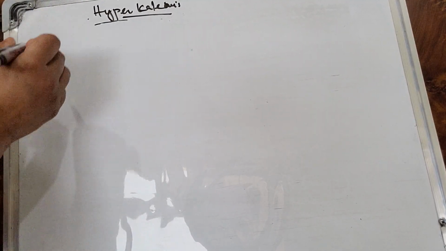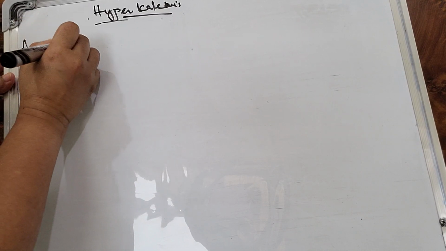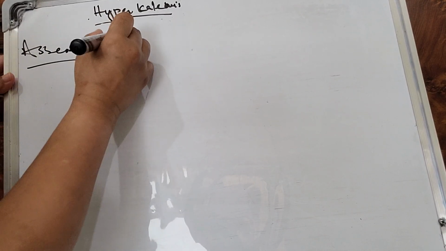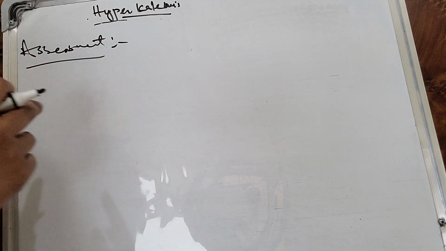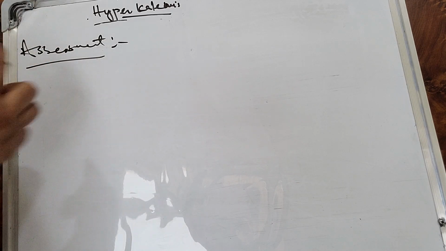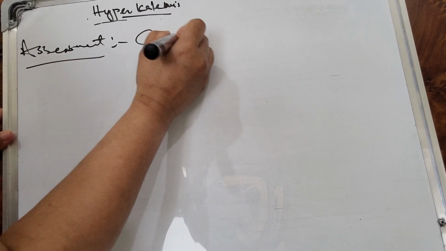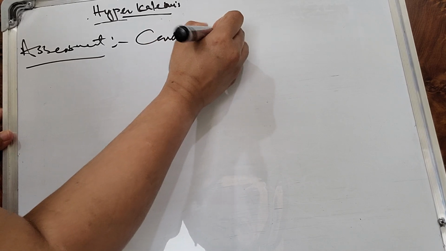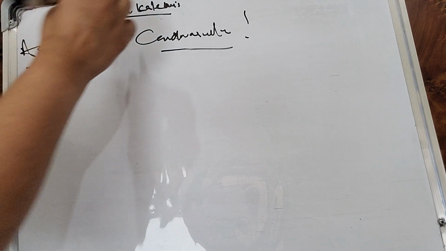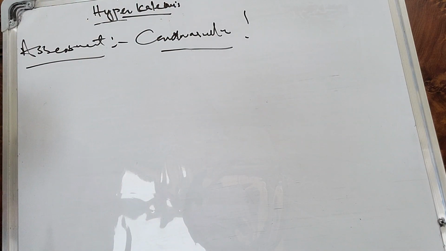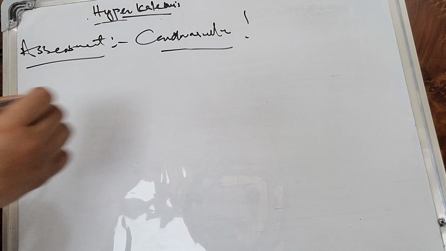Now we will talk about the assessment. How will we assess whether the patient has hyperkalemia or not? We will go system by system. First, the cardiovascular system. How is it affected by hyperkalemia? The pulse is slow, weak and irregular.